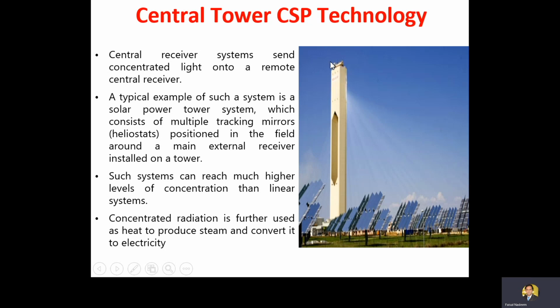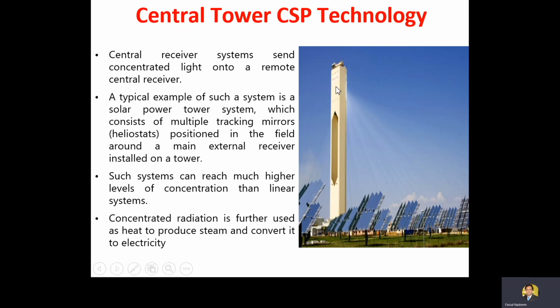These concentrated tower power plants have higher levels of concentration than the linear systems, for example, the parabolic trough collector or the linear Fresnel system.